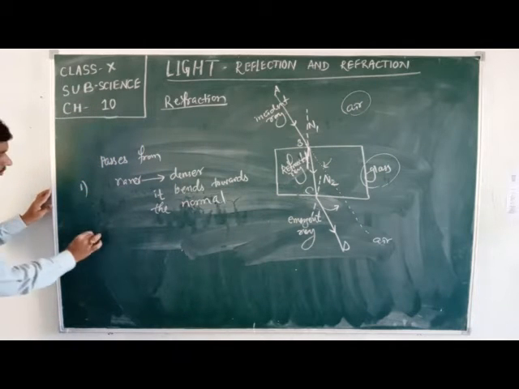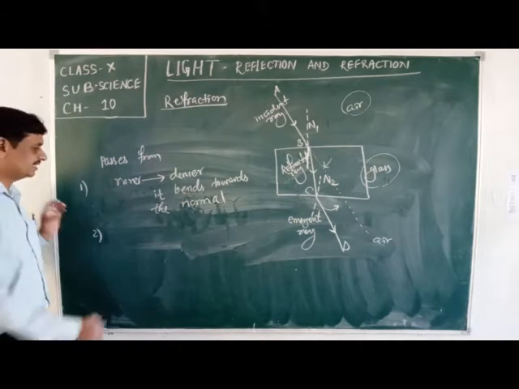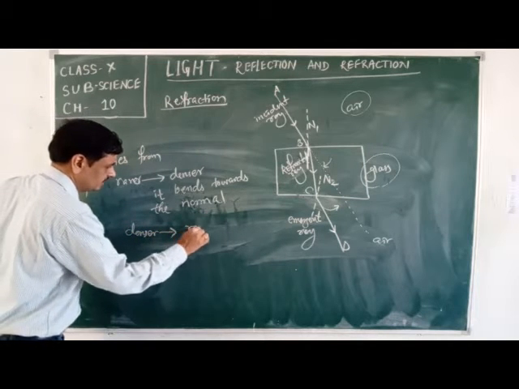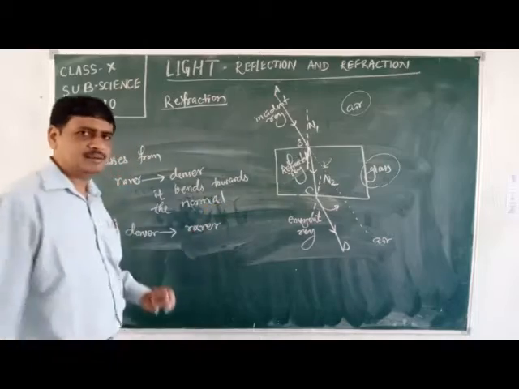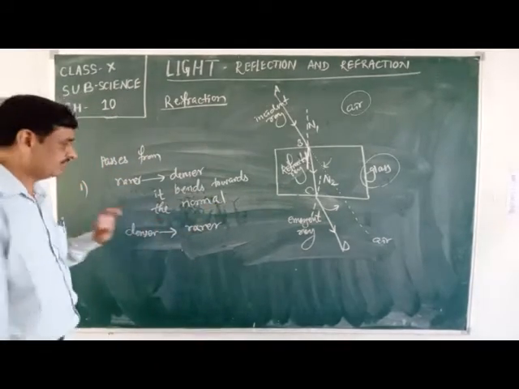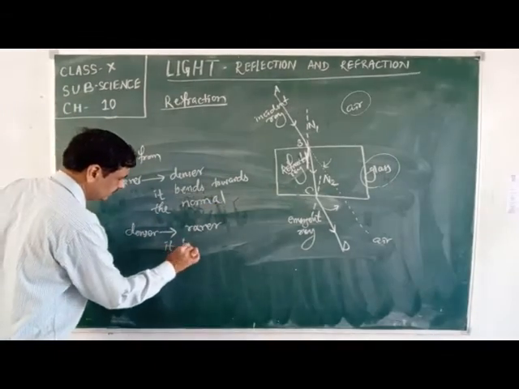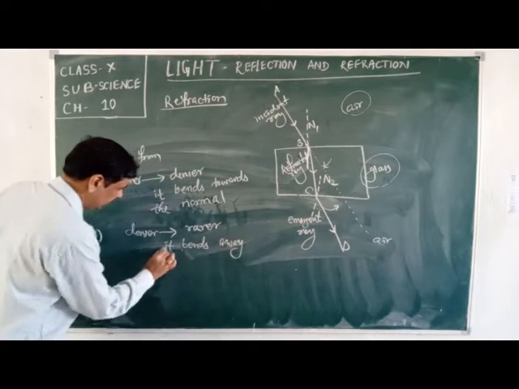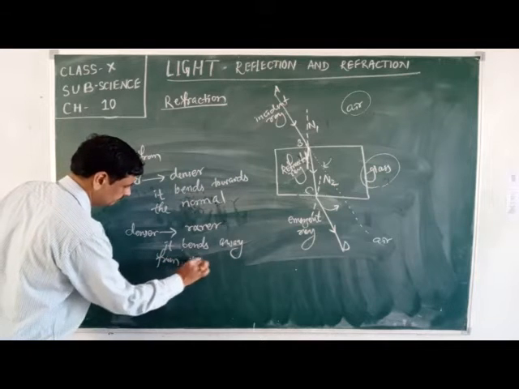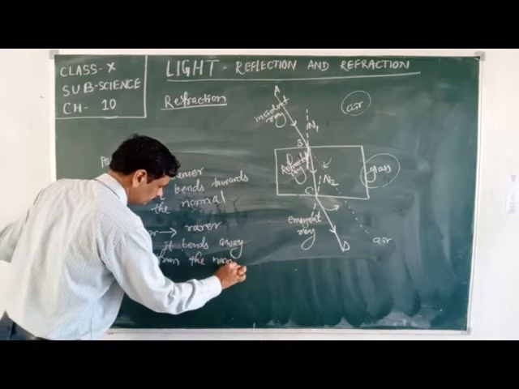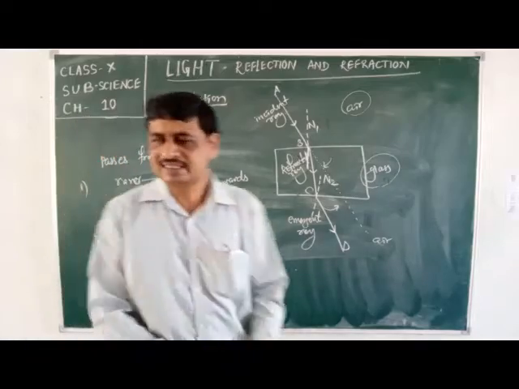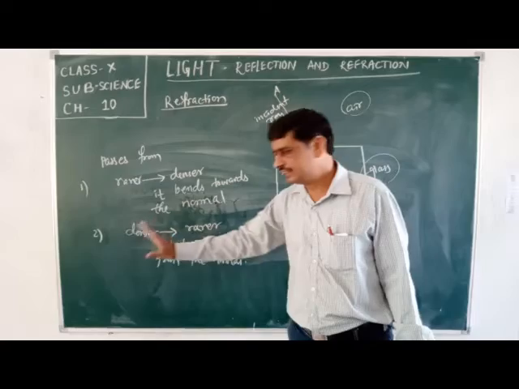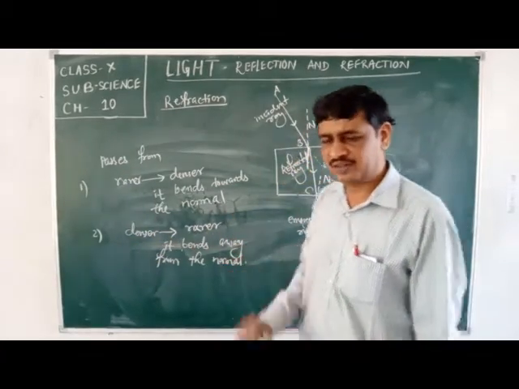But when the ray of light passes from denser to rarer, then it bends away from the normal. Two conditions are there. First, from rarer to denser, it bends towards the normal. Second, denser to rarer, it bends away from the normal.